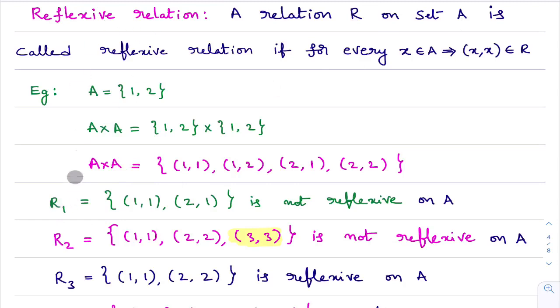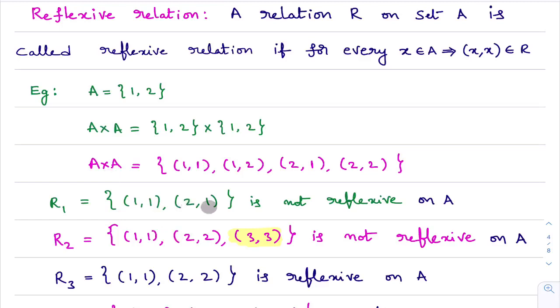To check for a reflexive relation, first you need to check whether it is a relation on set A or not. When we say R is a relation on set A, if R is a subset of A cross A, then R is a relation on A. You see here, is the ordered pair 1, 1 there in A cross A?